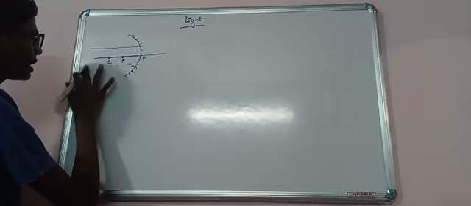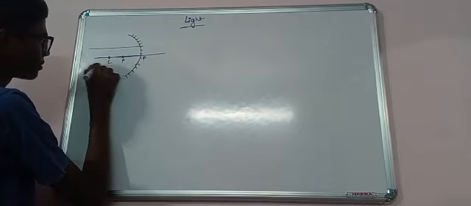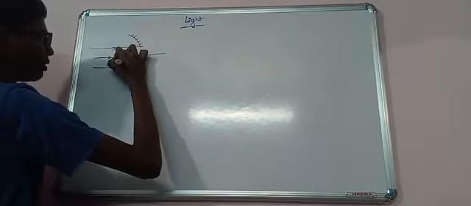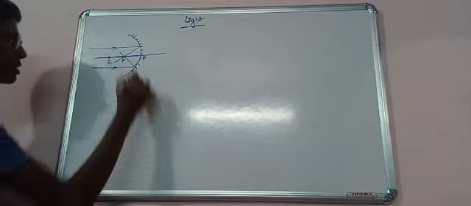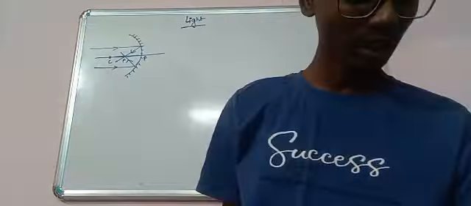And the characteristics of the image I'll tell, but I'll not write since it will take lots and lots of time. So light rays parallel to the principal axis obviously will converge at the focus. Right?